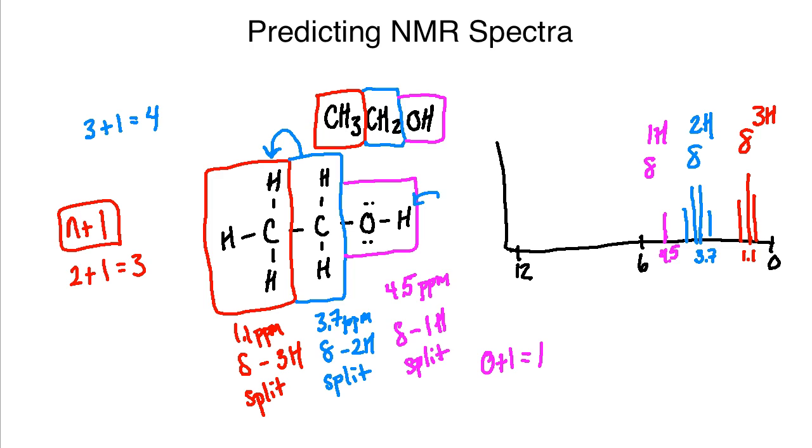All right, so that is a way that you can predict NMR based on looking at your compound. Now, I will do one more of them here, and then at that point we're going to bring up some actual NMR spectrum, and we're going to analyze them and look at them in terms of structure. So let me clear this and I'll bring up one more example.